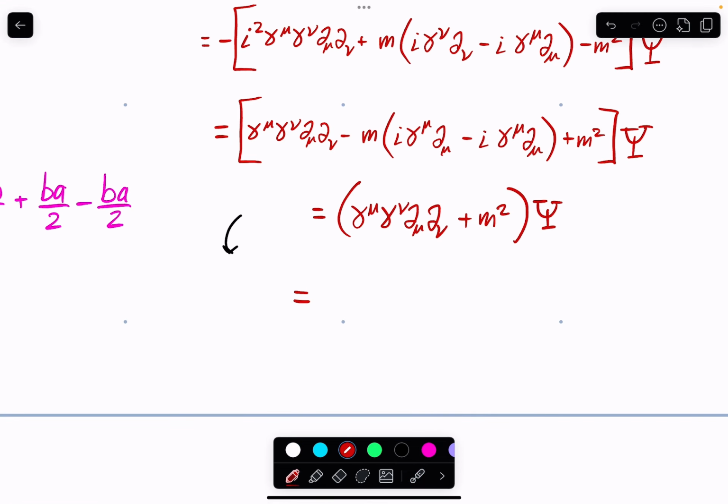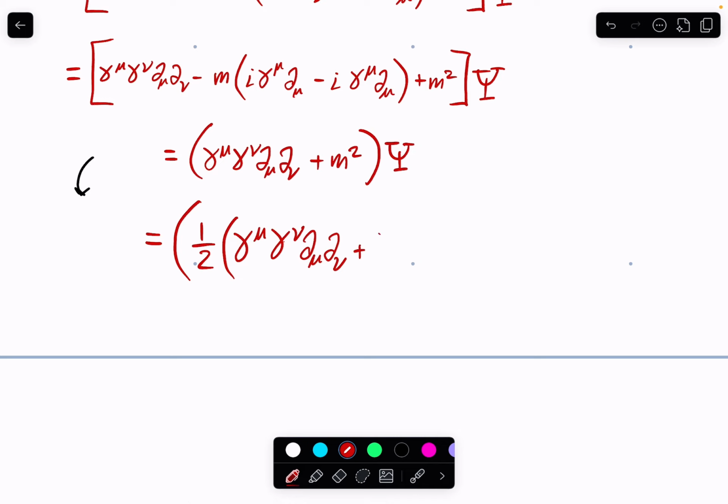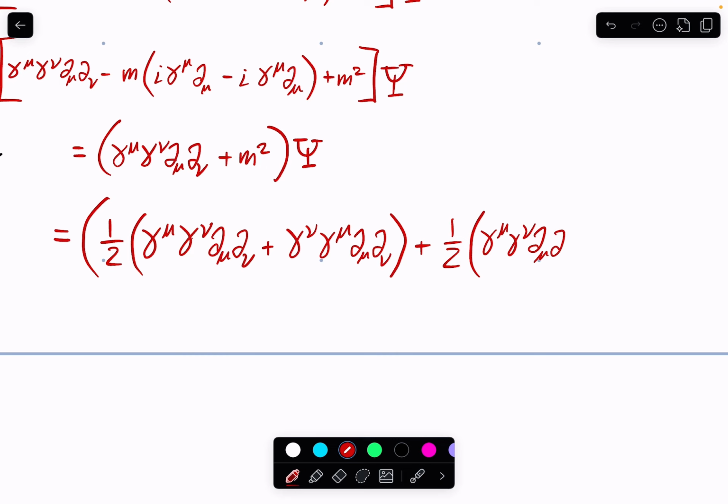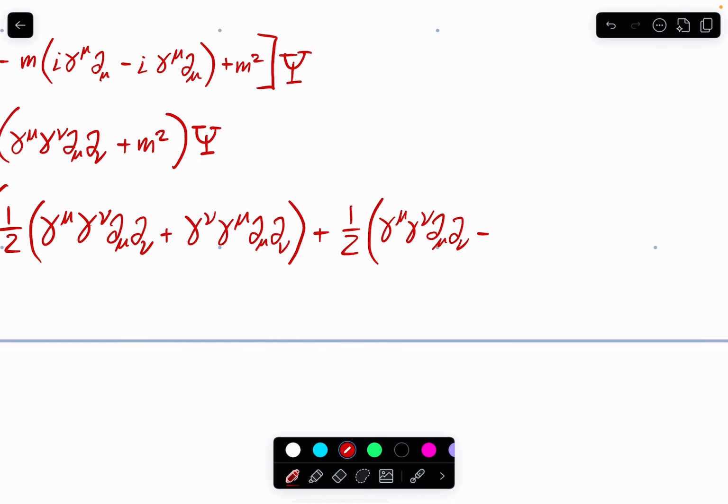So equals one half, gamma mu gamma nu partial mu partial nu, then plus gamma nu gamma mu partial mu partial nu, and then plus one half gamma mu gamma nu partial mu partial nu, and then minus gamma nu gamma mu partial mu partial nu.